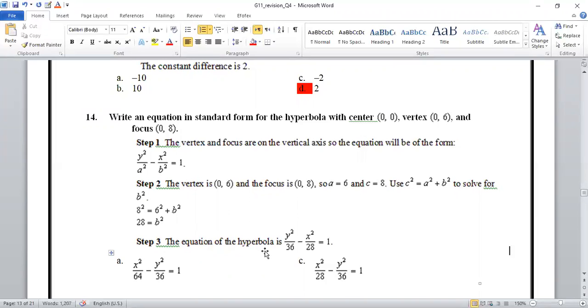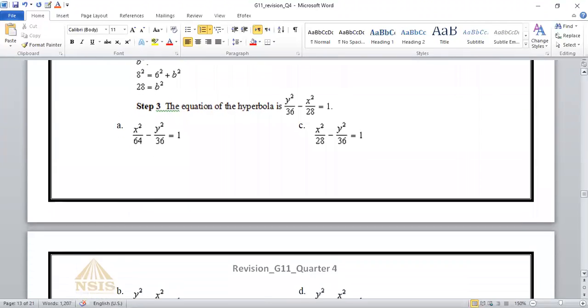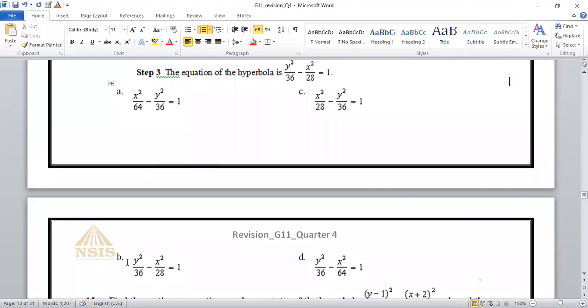The equation of the hyperbola is y squared over 36 minus x squared over 28 equals 1. So the true equation will be number B.